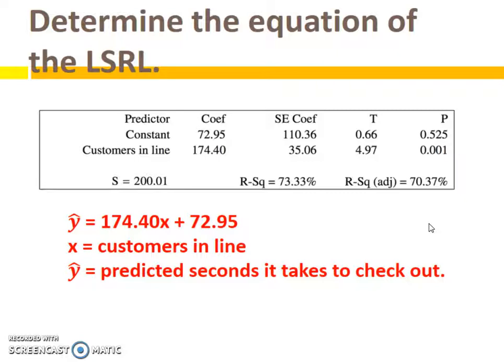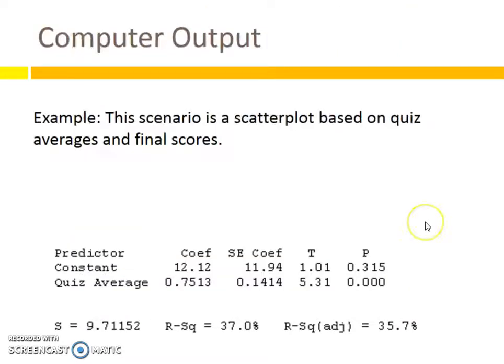Okay. So let's look at another example. In this particular scenario, scatter plots based on quiz averages and final scores. So what can we identify? This number down here is the slope. Above that is our y-intercept. Down here we have our standard deviation of our residuals. Next to that we have r squared.